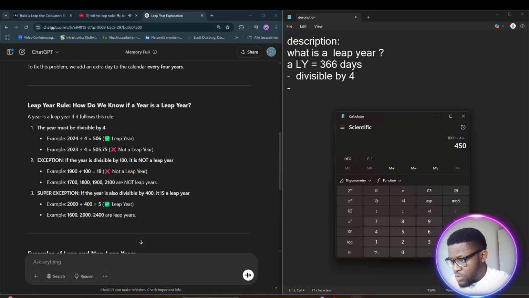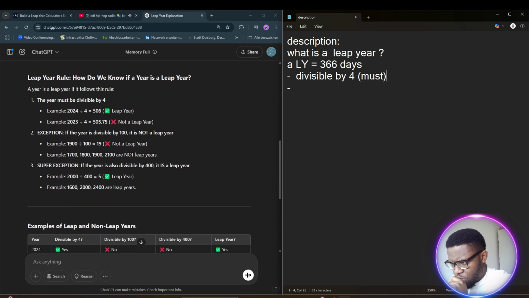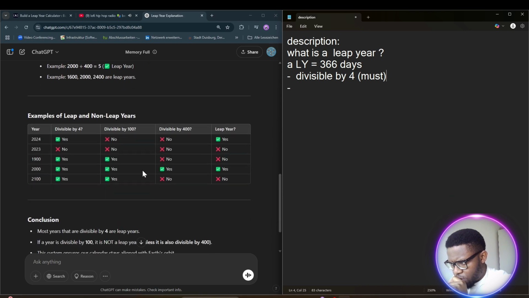Then a super exception: if the year is also divisible by 400, it is a leap year. So if the year is divisible by 100, it's not a leap year, but if it's also divisible by 400, it's a leap year. Let me try again.